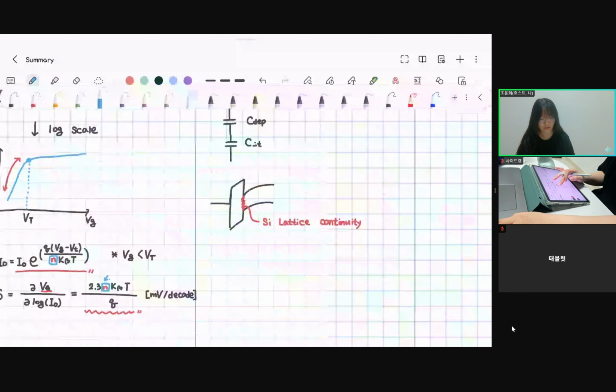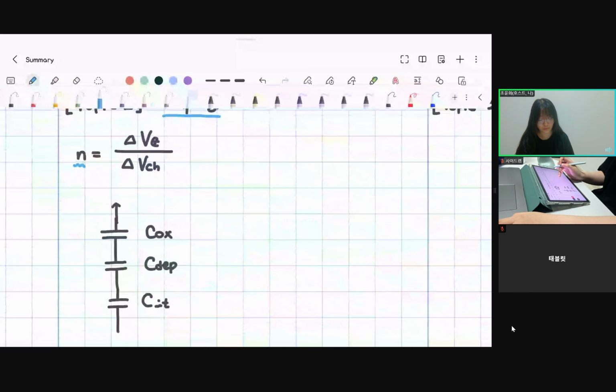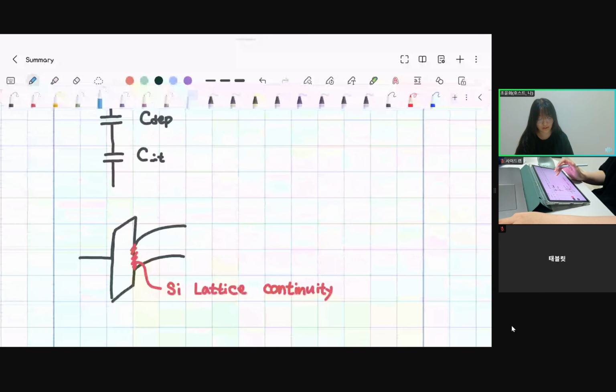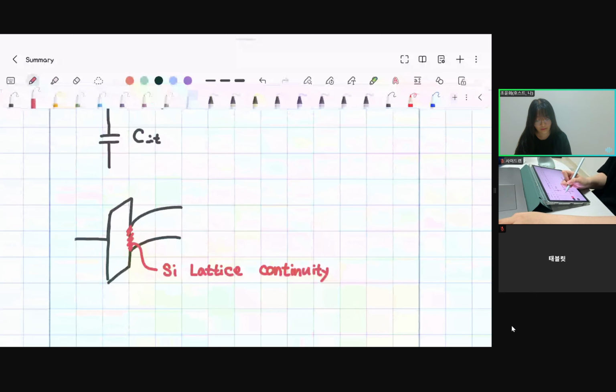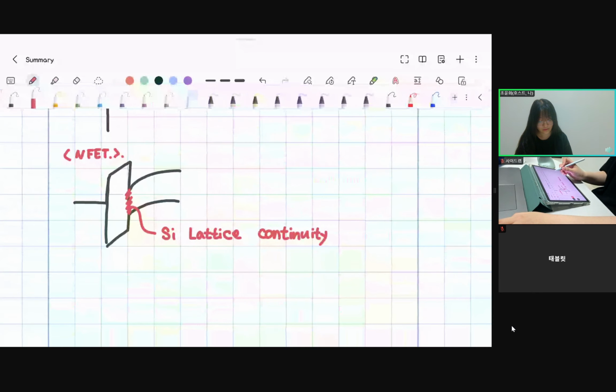So the n means the coupling. In this situation, between the oxide and the semiconductor, the lattice continuity is broken down.